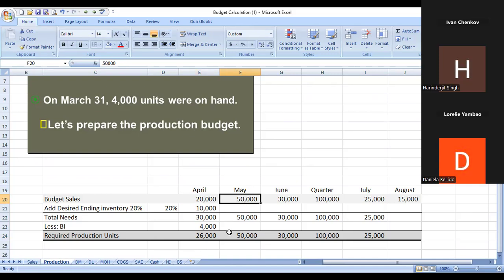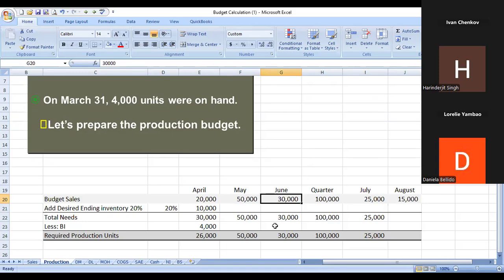So let's go with May. In May, we need to sell 50,000. But we also want to have 20% from the next month's sales as an ending inventory. So how much will be that? In June, we're planning to sell 30,000.